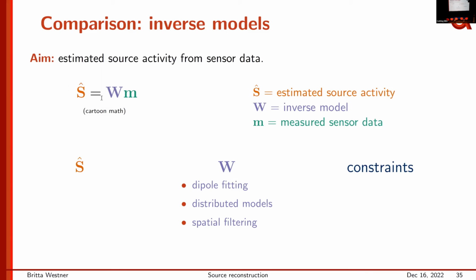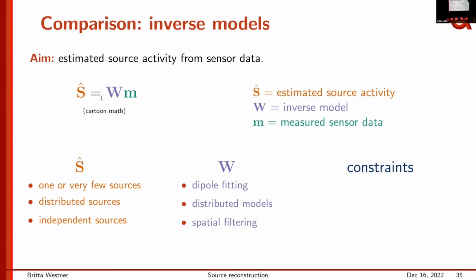So we talked about 3 different ways of solving this problem of inverse models. There was dipole fitting, the distributed models such as minimum norm estimation, and spatial filtering, aka beamforming. And they differ in what kind of sources you get.